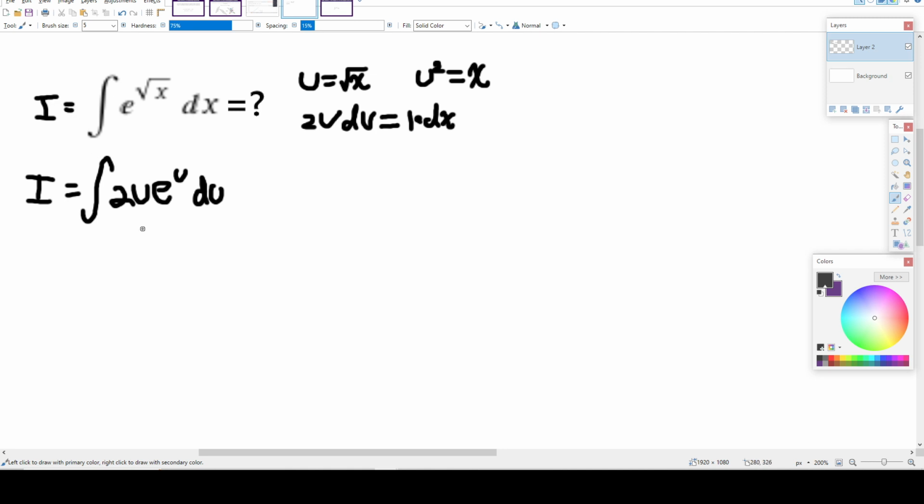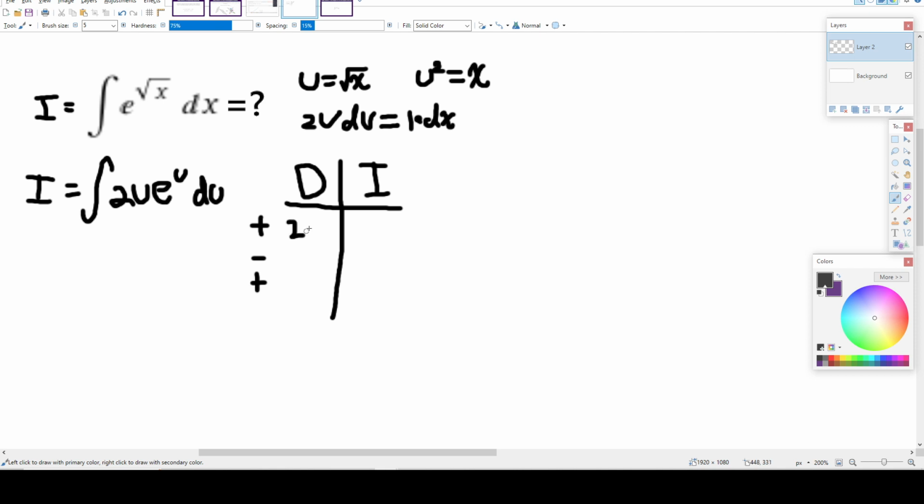Now from here we could use integration by parts, but I prefer the DI method for this, otherwise known as the tabular method. And what we do is we make a little chart, D standing for derivative and I standing for integral. We're going to have these alternating plus and minus signs to denote what we're adding and what we're subtracting.